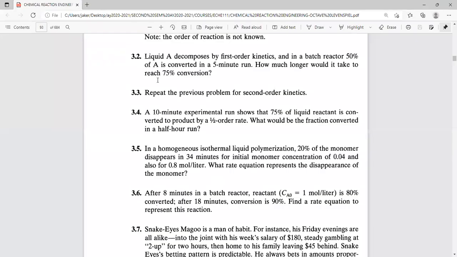Now same problem, 3.2, but this time we're going to use second order kinetics. So take note that this time I'm using problems that will directly use the pre-derived formulas using integral analysis for the two types of irreversible reaction. One is first order and the second one is second order. Since it's second order and the only species mentioned here is A, then we have a case.